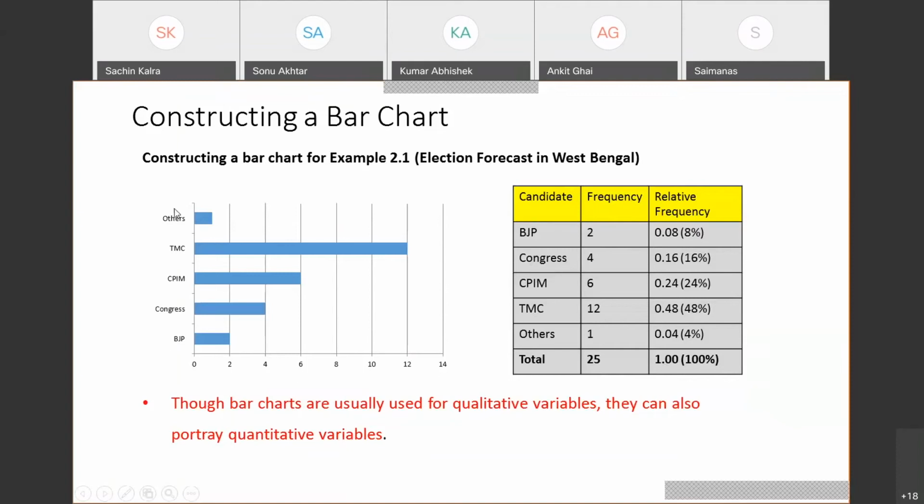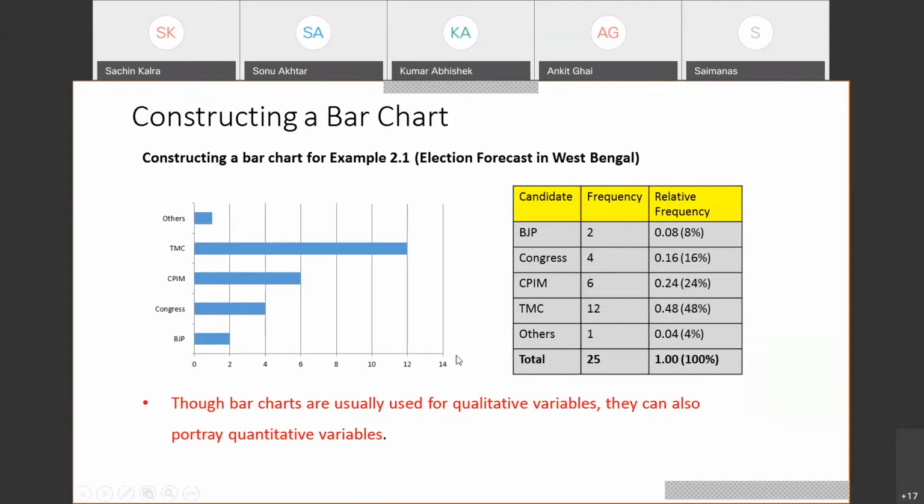Though bar charts are usually used for qualitative variables, they can also portray quantitative variables, right? So right now BJP is a qualitative variable, a categorical variable, but we are using it to portray the numerical magnitude behind it, right? So that's why I've written it here.